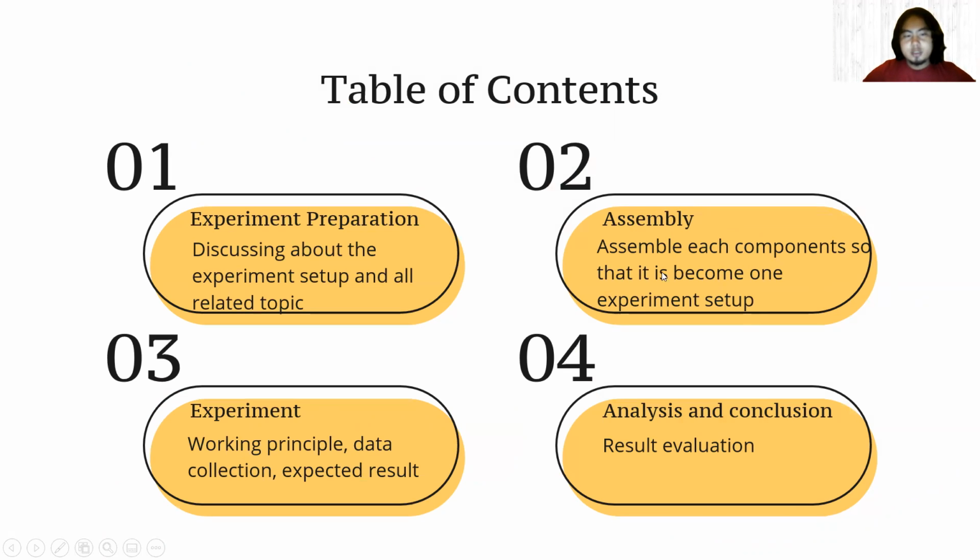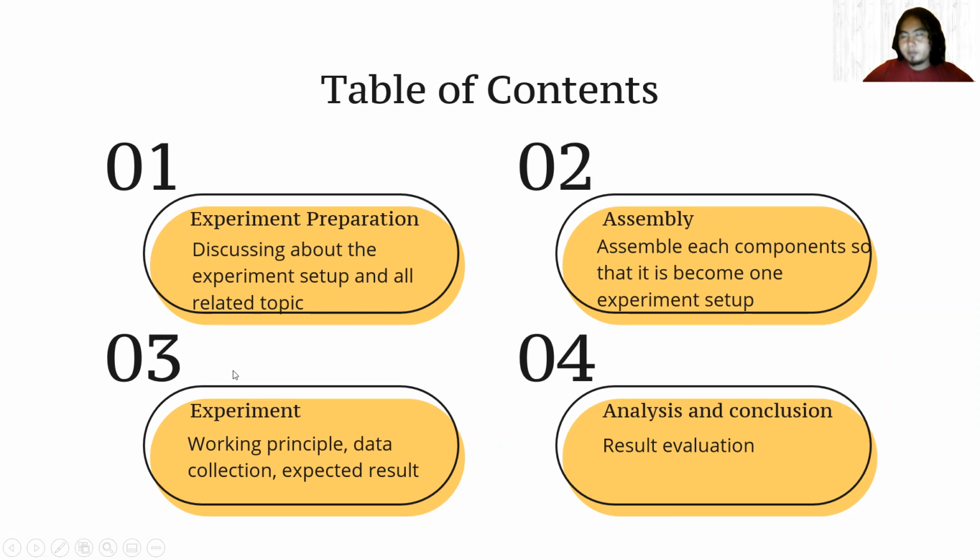In this presentation, I will have four main topics to be discussed. The first topic is about the experiment preparation. In this topic, I will discuss the experiment setup and all the related topics. The second topic will be about the assembly. In this case, I will explain how I assemble each component so that the components become one experiment setup.